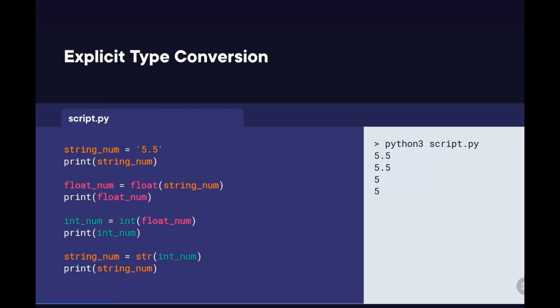And finally, if I want, I can again turn this integer into a string with the str keyword. These explicit type conversions are useful because sometimes your program will require the value to be of a certain type. Like I mentioned, if you want to do any calculations on this number, you have to convert it from string into an actual numerical value.